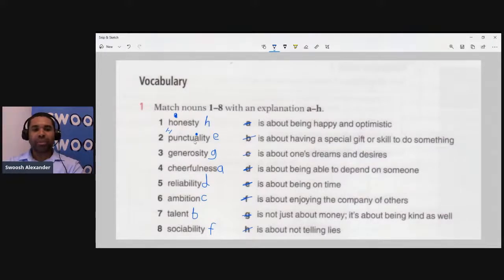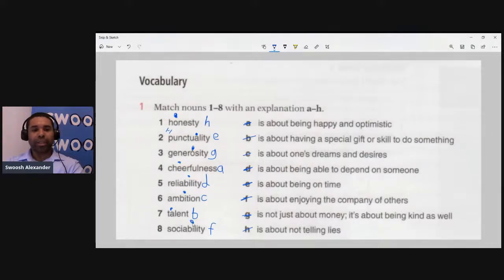So the syllable which is before the final 2 syllables. Generosity. Again, just before the final 2 syllables. Cheerfulness. Reliability. Ambition. Talent. And sociability.